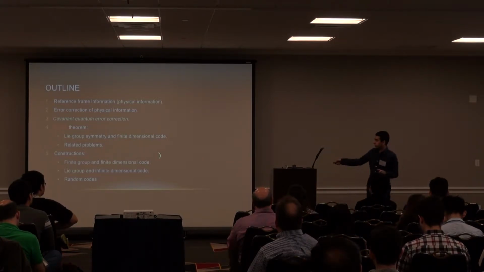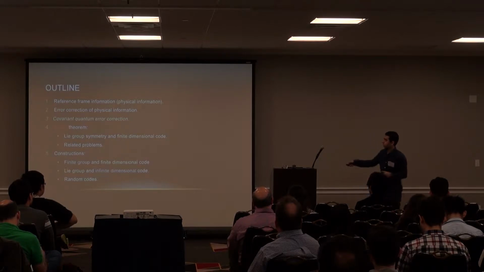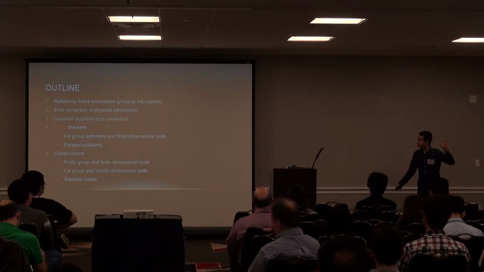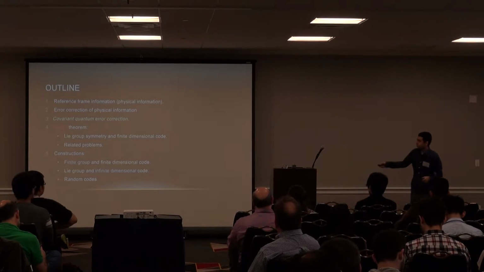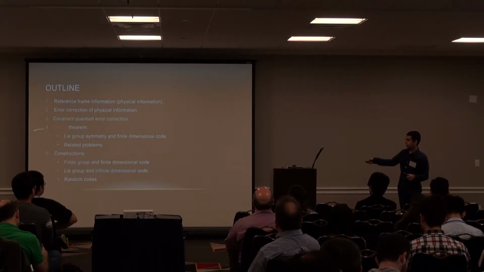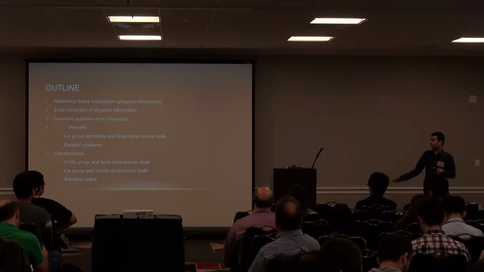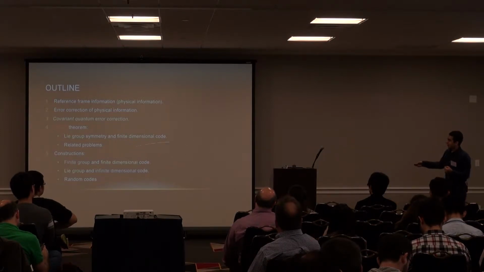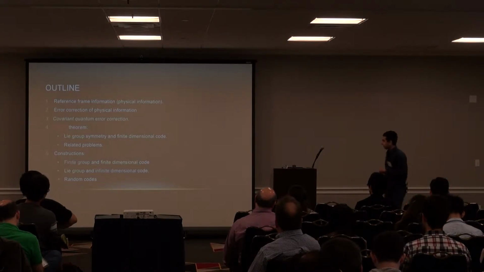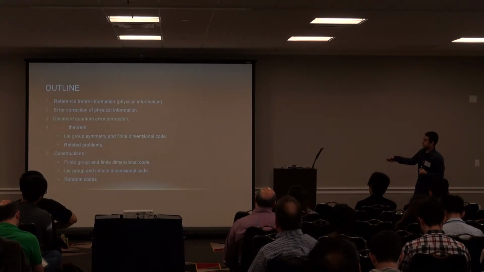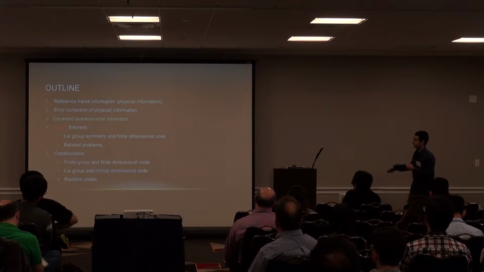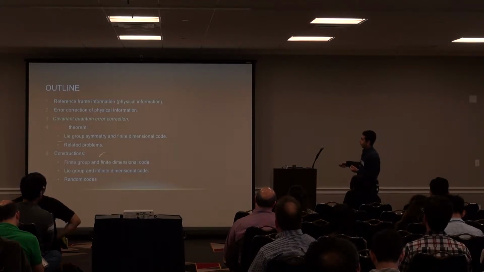I give explicit constructions when I have a finite group and a finite dimensional code. And then I relax the other condition: I construct error correction schemes when I have a Lie group and an infinite dimensional code. So this is saying that these conditions on the group are necessary. You cannot make the theorem stronger in that sense.